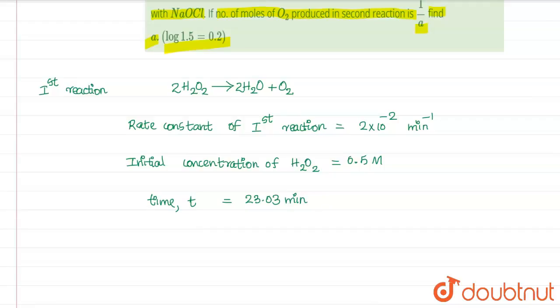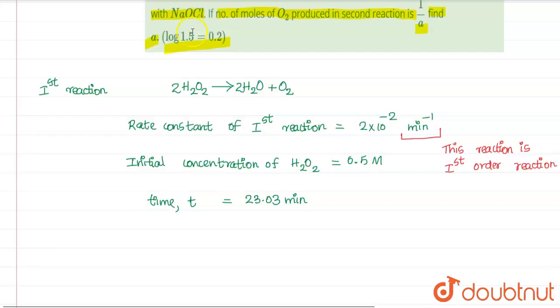So hence first chemical reaction is first order. From this unit of rate constant, this reaction is first order chemical reaction.